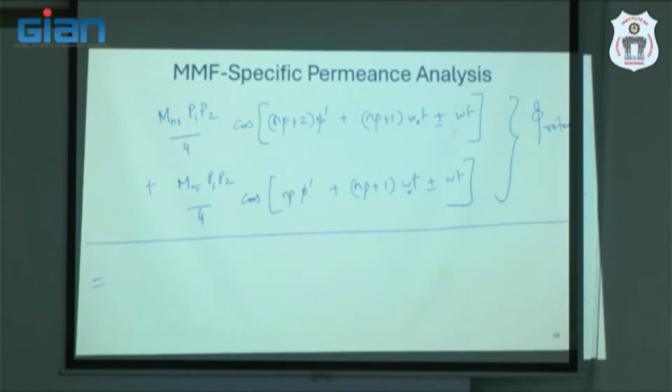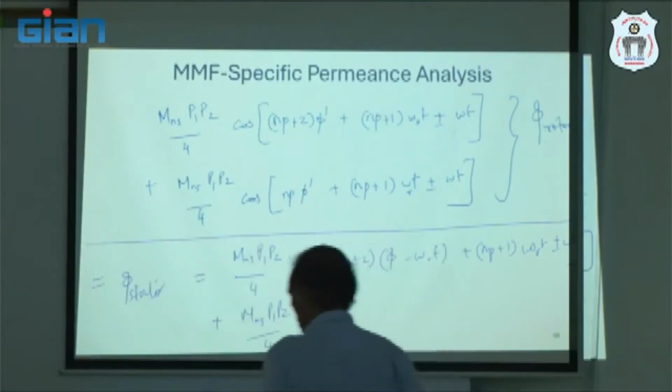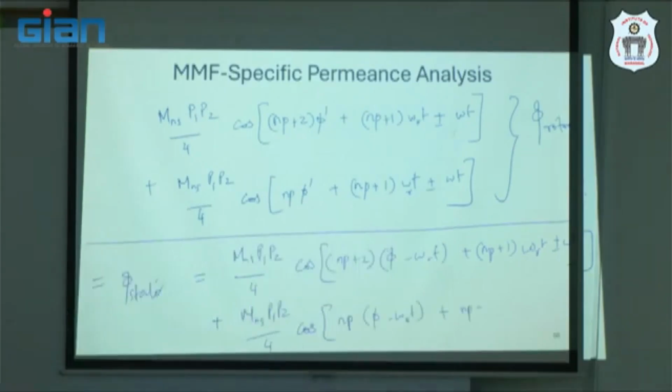In the stator frame of reference: minus P1 P2 by 4 cos[(np plus 2)(phi minus omega t) plus (np plus 1) omega t plus or minus omega t], plus minus P1 P2 by 4 cos[np(phi minus omega t) plus (np plus 1) omega t plus or minus omega t].